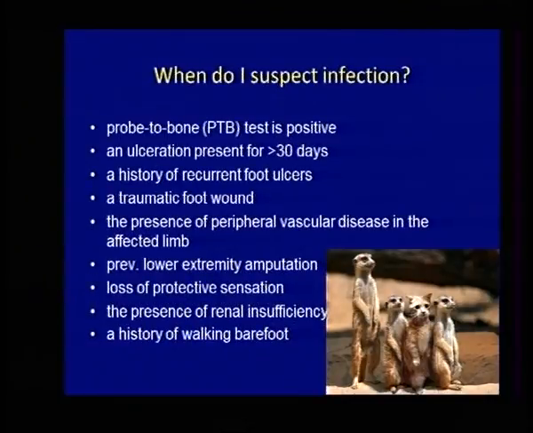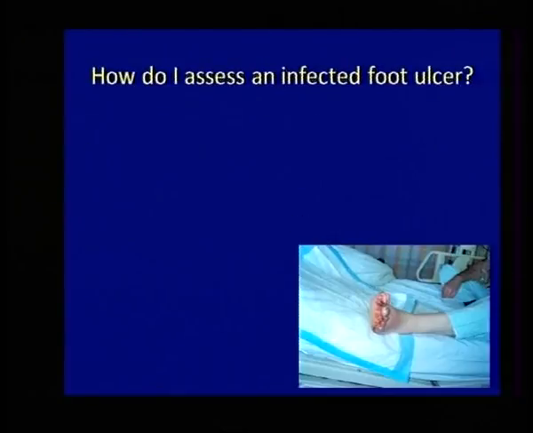The factors which have been associated with infection would include a positive probe to bone test, so the grating sensation when you put a metallic probe and scrape on the base of the wound, an ulceration which is present for more than 30 days, any history of recurrent foot ulcers, a trauma, the presence of peripheral vascular disease, previous extremity amputation, a loss of protective sensation, the presence of underlying renal insufficiency, and a history of walking barefoot. All these factors have been associated with the development of infection or the presence of infection in a wound.